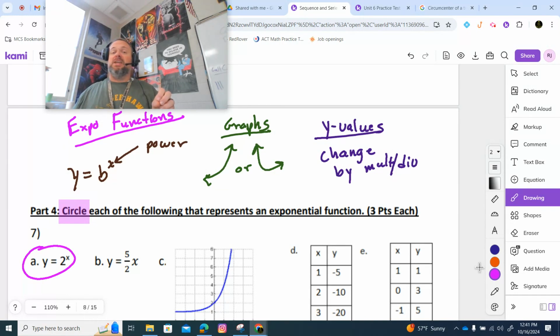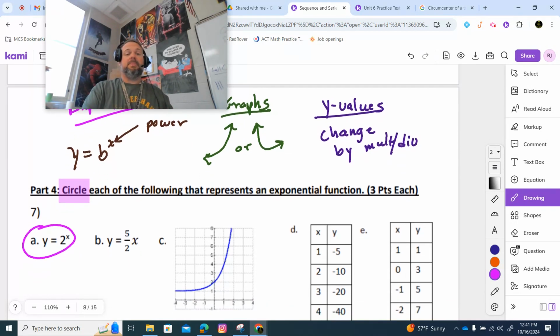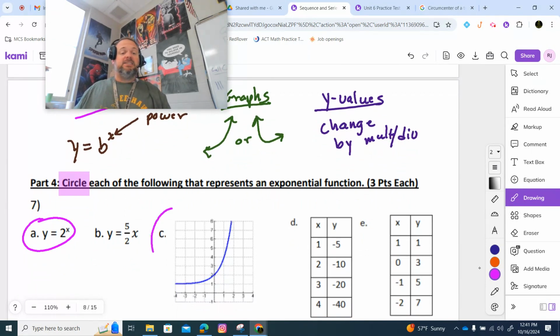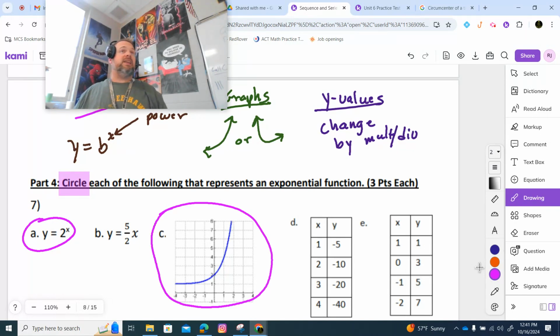That's an exponential because x is the power. C is an exponential because its graph looks like the graphs that I wrote there in green.